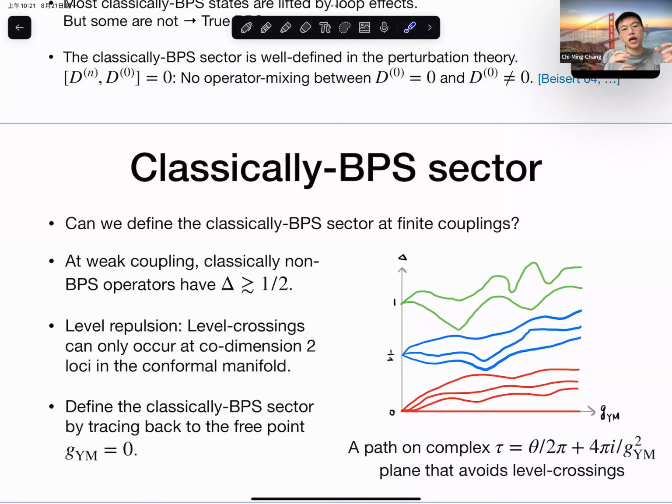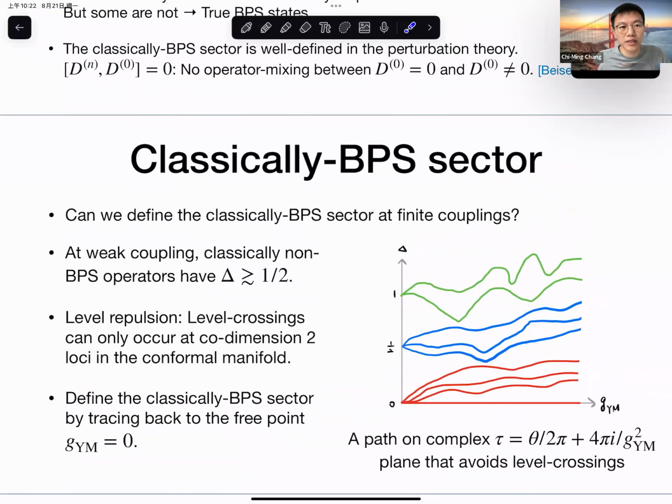So the level crossing on this real 2-dimensional space can only occur at some discrete points, and we can find a path that avoids all these level crossing points. Suppose you want to define the classical dimension of some operator at finite g Yang-Mills; we can just follow this path that avoids any level crossing point to the g Yang-Mills equals 0 point. That gives us a way to distinguish which operators are in the classically BPS sector and which are not. Okay, let me pause a bit here.